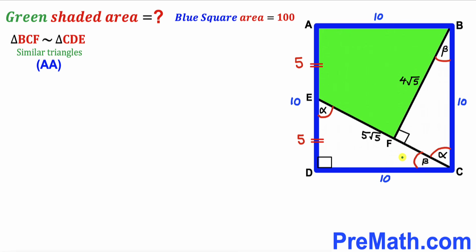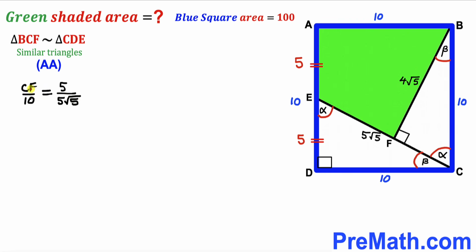And now we are going to look at the relationship between beta and 90 degrees and likewise beta and 90 degrees as well. So therefore we have a ratio of segment CF and 10 is going to be equal to the ratio of 5 and 5 times square root of 5 as well.